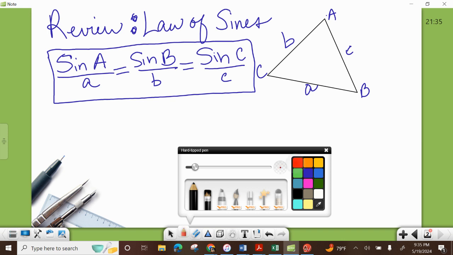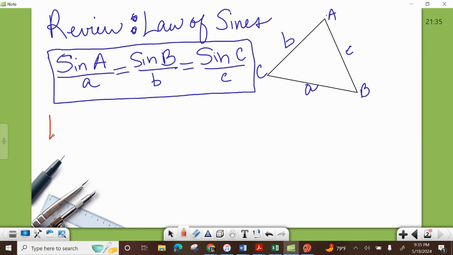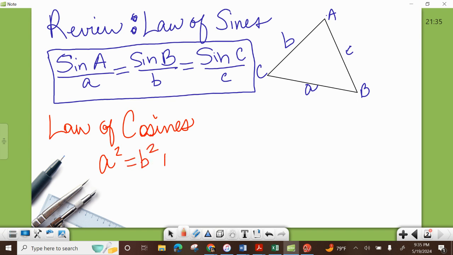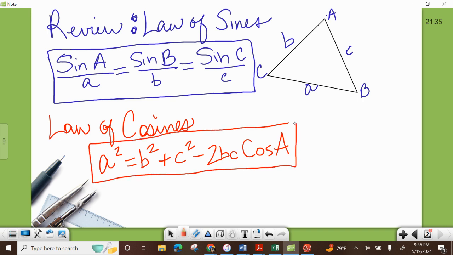The law of cosines, and hopefully you can read my chicken scratch cursive, looks very familiar in some ways in its structure. So a squared equals b squared plus c squared minus 2bc cosine A. Now, if you look at this, you'll see elements of the Pythagorean theorem, the a squared, b squared, and c squared.